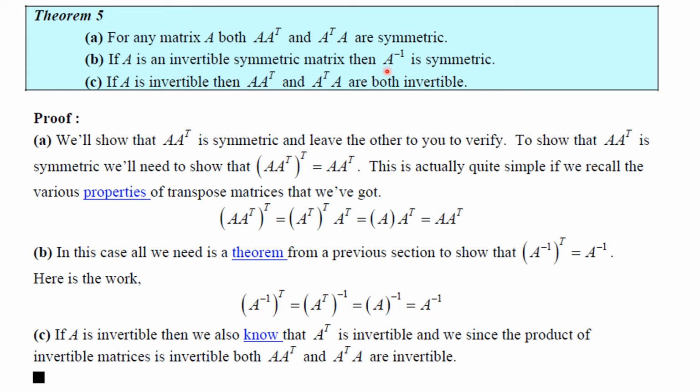So that means that A inverse is symmetric because A inverse transpose is the same as A inverse. Finally, if A is invertible, then we know that A transpose is invertible. And since the product of invertible matrices is invertible, both A A transpose and A transpose A are invertible.